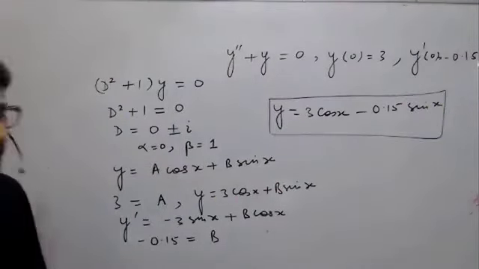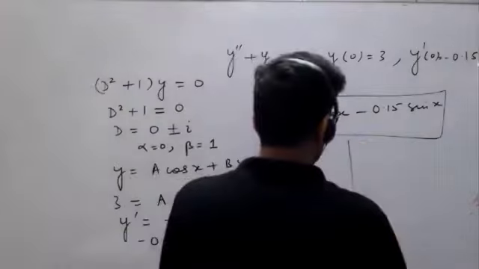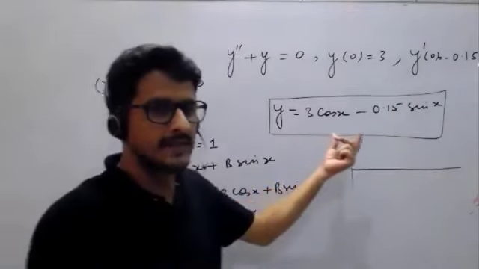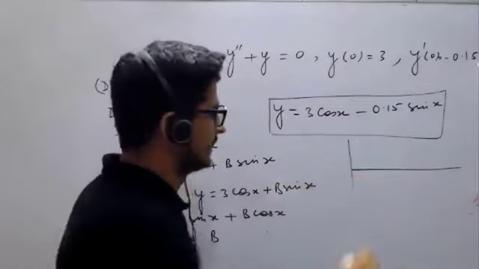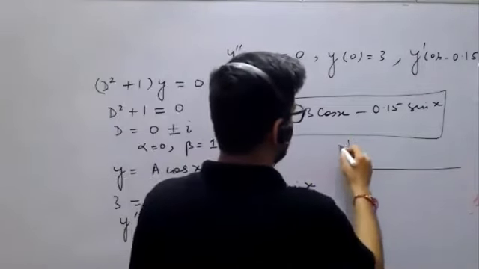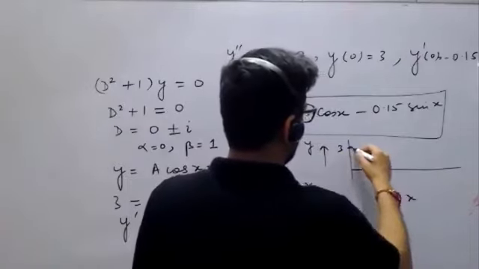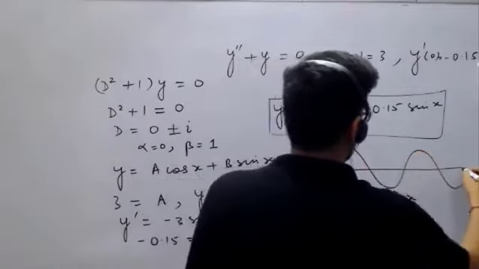This is the solution. And if you want to plot it, otherwise the plot is difficult, but you can just make a guess that at x is equal to 0 it will have the value 3, and after that it is sinusoidal, so it will go something like this.